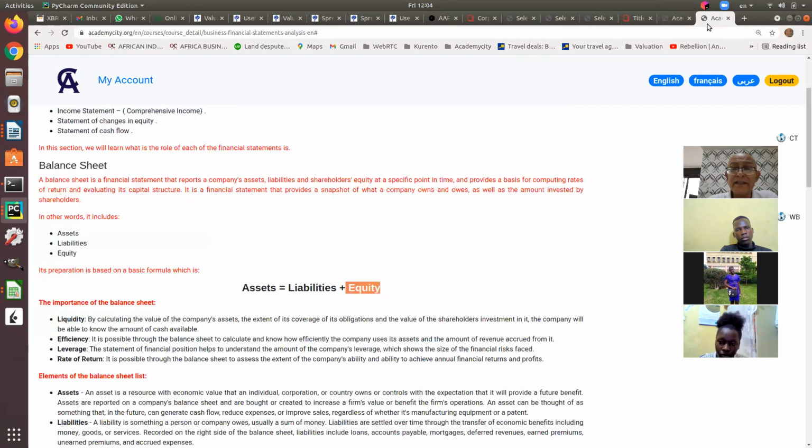The accounting identity remains. When I pay interest, my cash goes down, the assets go down, and my equity goes down because my profit goes down by 130. And that's why the accounting identity remains in the balance sheet. That's a little hard transaction.